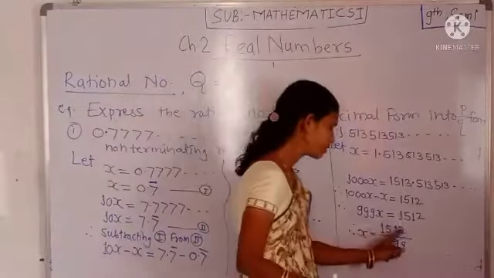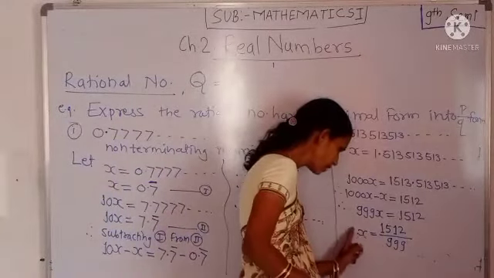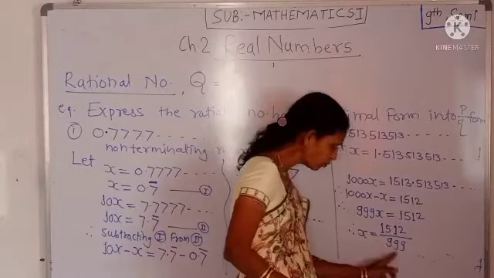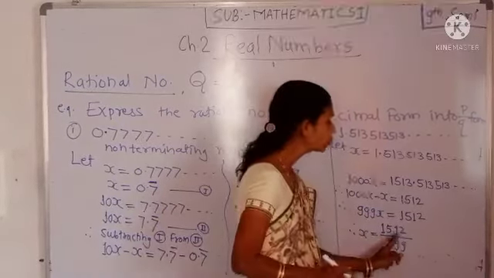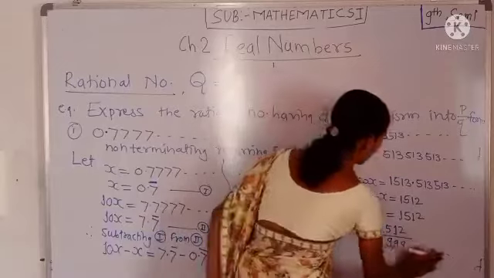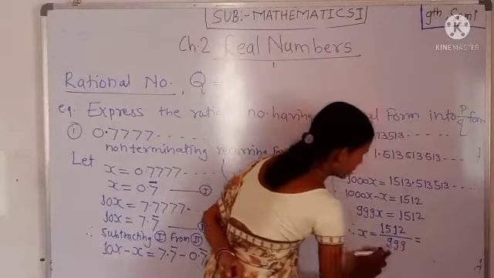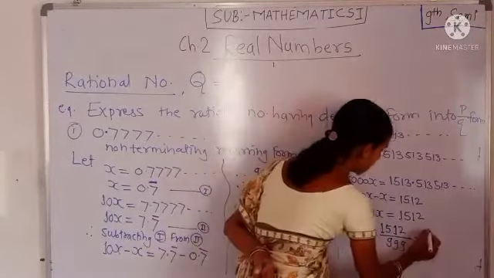Then see here that x is a rational number and the p upon q form is obtained, but we have to simplify it. That means these two numbers are divisible by 9.